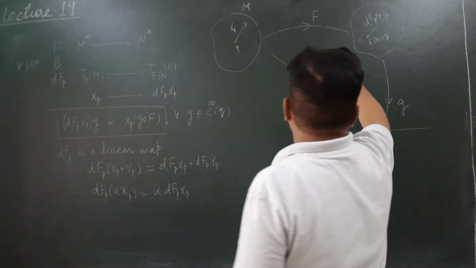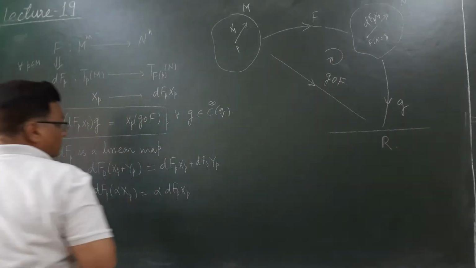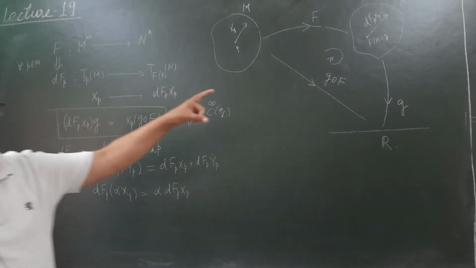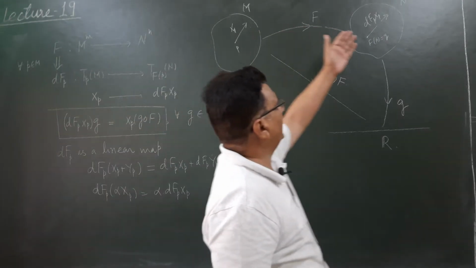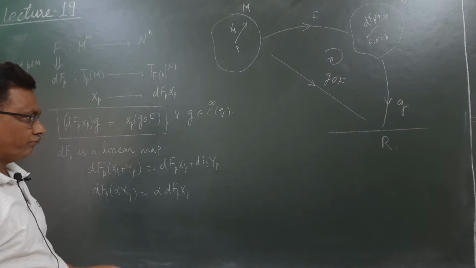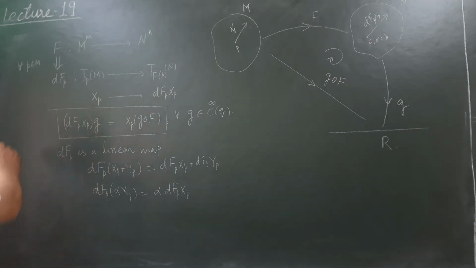In other words, this diagram is commutative. So, this definition in the box emerged by demanding that this diagram is commutative. But still we need to see how a tangent vector over here is mapped to a tangent vector over here in a linear manner. So, this is the definition number 1.